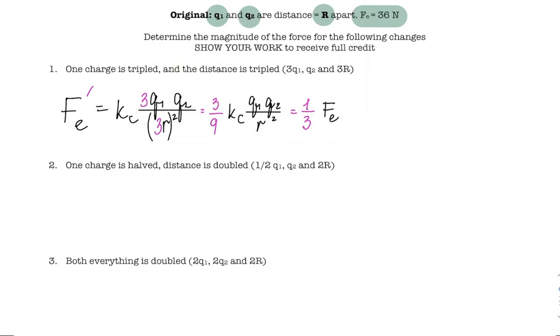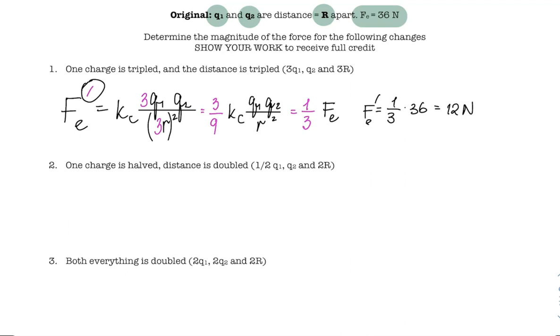So the new Fe right here, this tells us it's a new one, is going to be 1/3 of what it was. So 1/3 of 36, that's 12 newtons. That's our new force after the change.